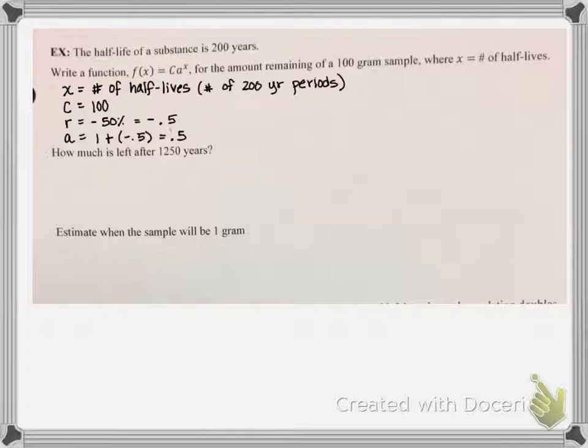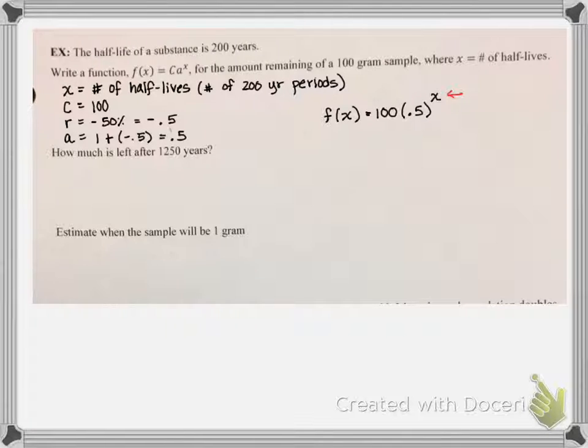And so now we can write our function: f of x equals 100 times 0.5 to the x. One thing to notice is that your exponent, that time period, always has to correspond to how long it takes to decay by whatever the decay rate is.